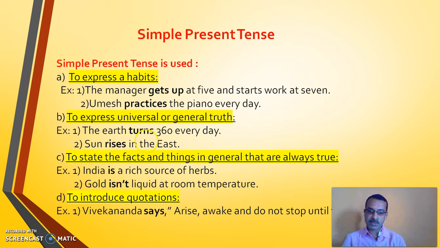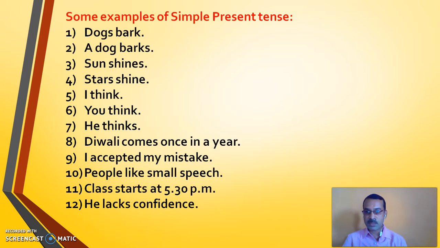In this example also a general truth is spoken about. And the fourth use of simple present tense is to introduce the quotation of someone else. For example, Vivekananda says, "Arise, awake, and do not stop until the goal is reached." These are the uses of simple present tense.